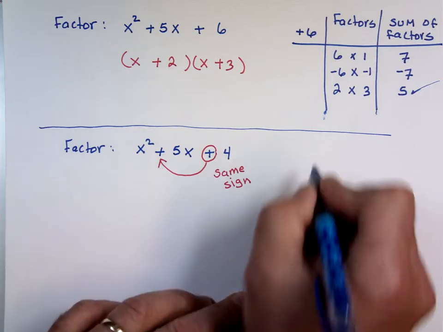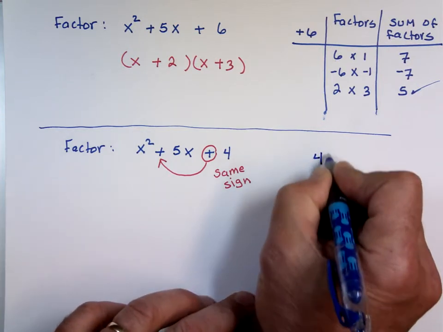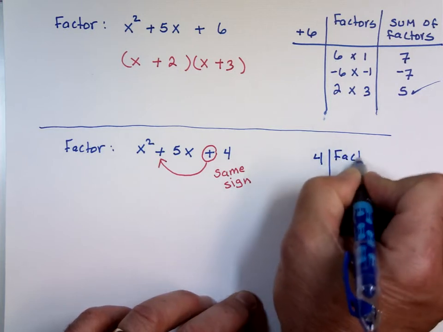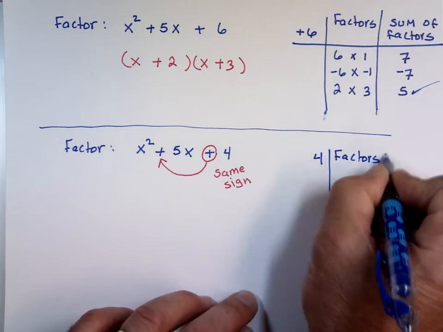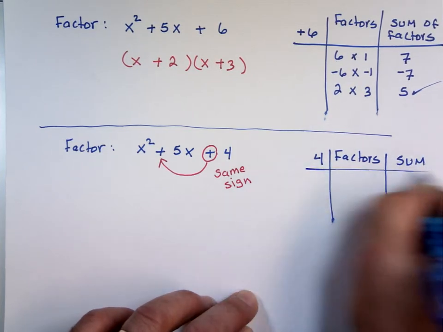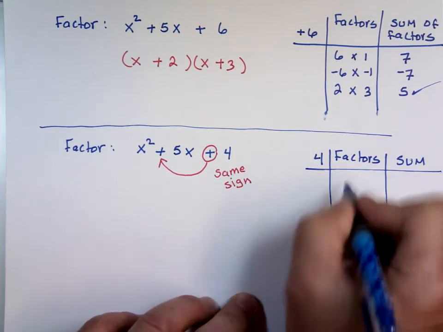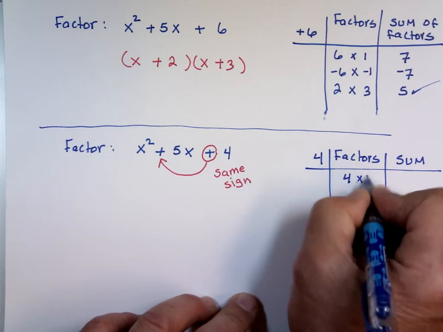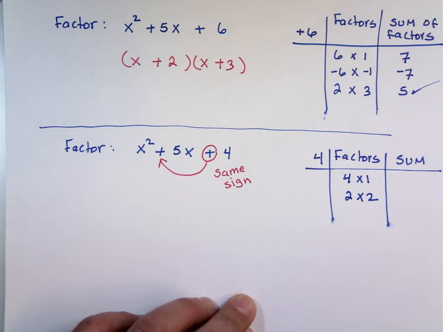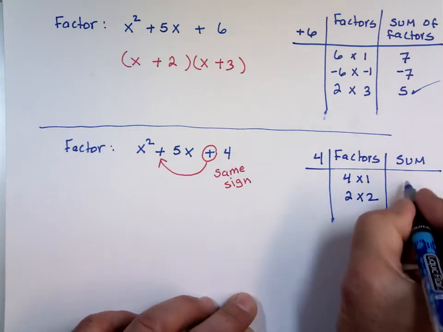So when I write the options for 4, the factors for 4, these are the factors. I'm not going to waste my time on the negative ones because I know they're going to be positive. 4 is actually 4 times 1 or 2 times 2. What's 4 plus 1? 5.